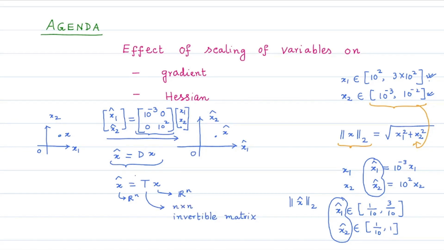Now, we are making a transformation here that x hat is given by Tx, and we are making this transformation so that in calculating the norm of x, no component of the variables x hat is ignorable with respect to other variable values. But what is the effect of this transformation in a general descent algorithm?